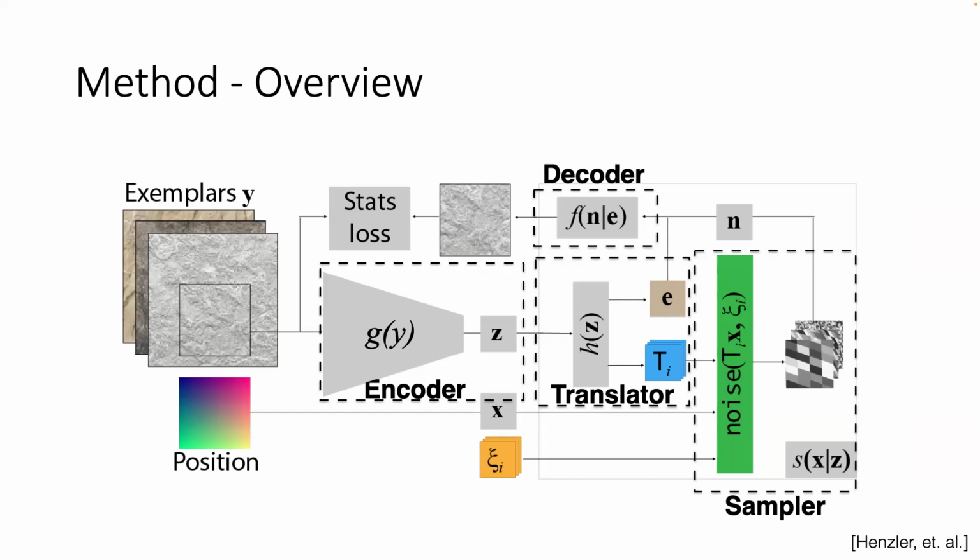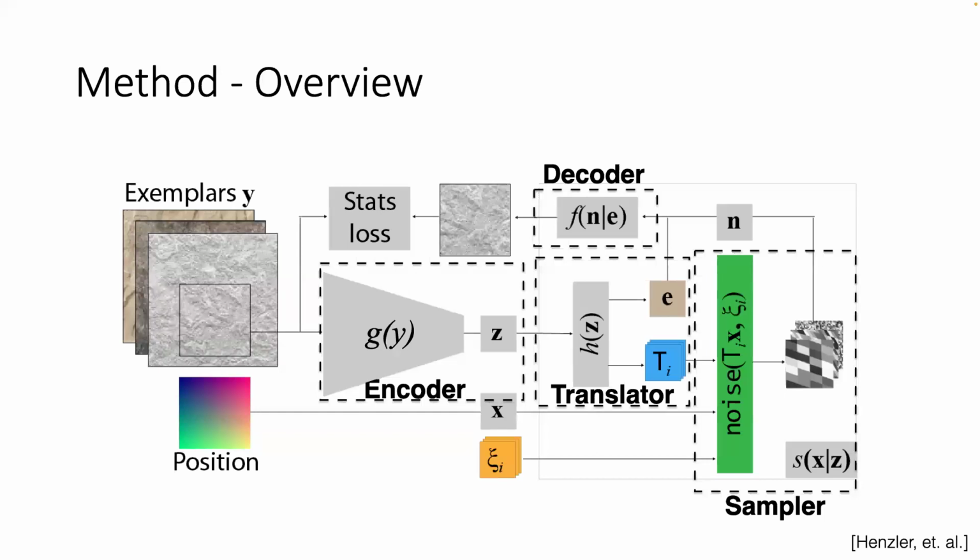So you have the exemplar that you are going to compare with the generator, but you want to compare in a statistical sense, because we don't want to model this texture. We want to model the statistical properties of this texture, which is going to consider some randomness in the noise model. And so you enter the position, X and Y, and then you enter the exemplar, and then you have this encoder that's going to have a latent code here, and you have a translator that's going to take the latent code and generate some transformations.